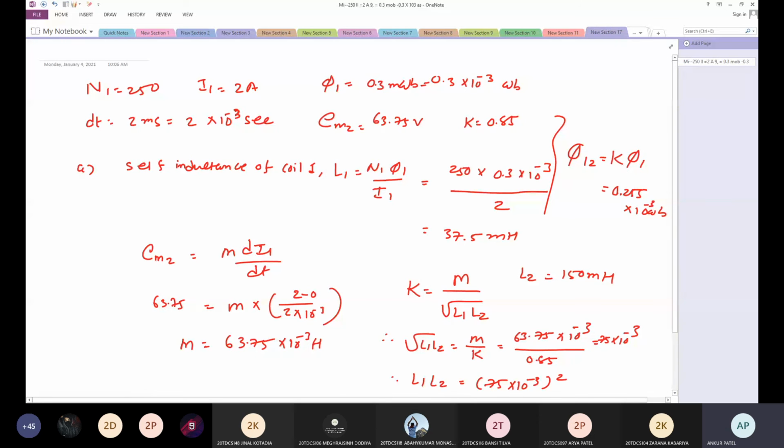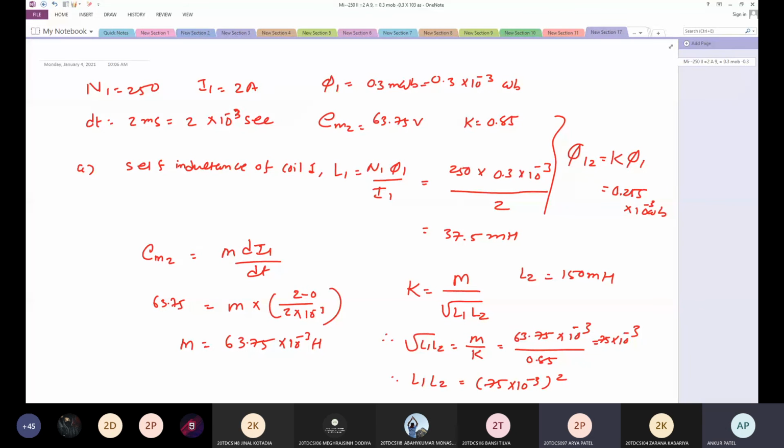Anyone can tell me the answer? You have this picture. Just see it. What relation are you going to apply for finding the number of turns of the second coil? M equals N2 Phi12 upon I1.